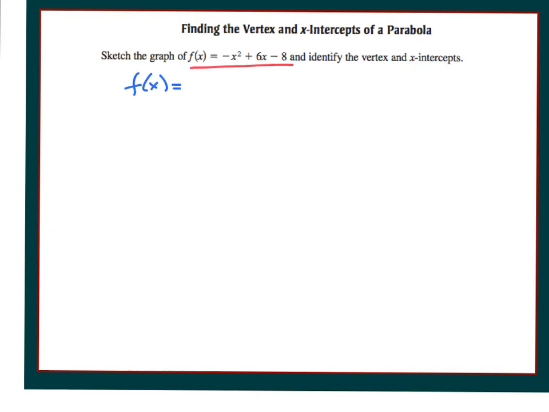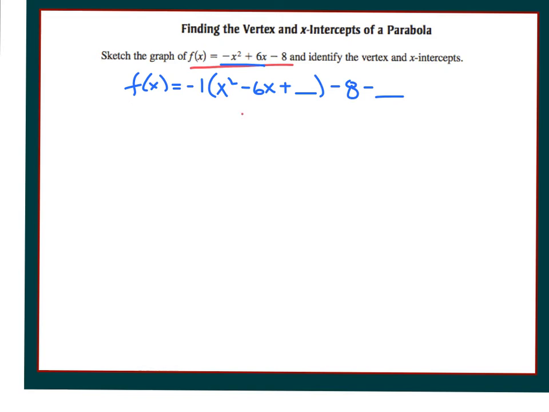But we're only going to do it with my x's. All right, so I factor out a negative 1, and then I'm left with what? X squared minus 6x, and then plus blank minus 8 minus blank. All right. So what's my b now?